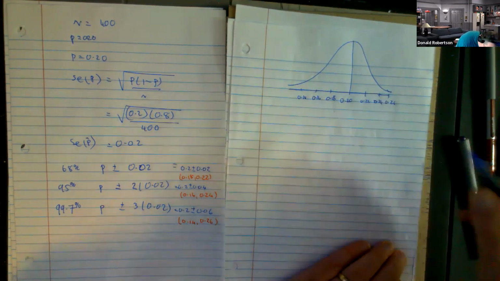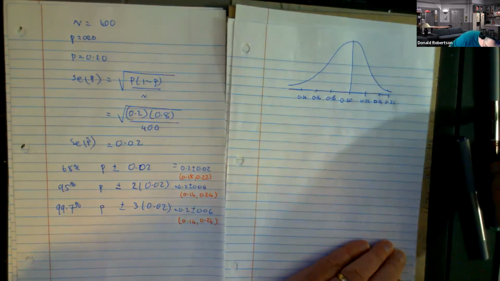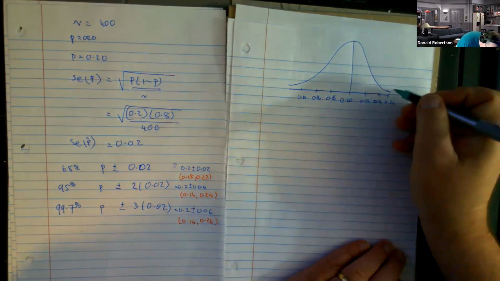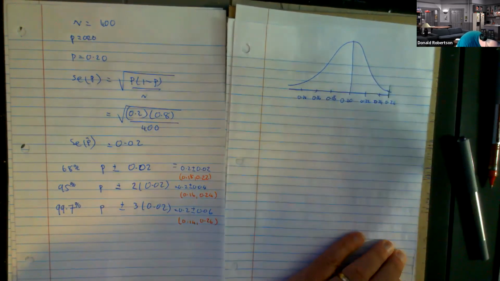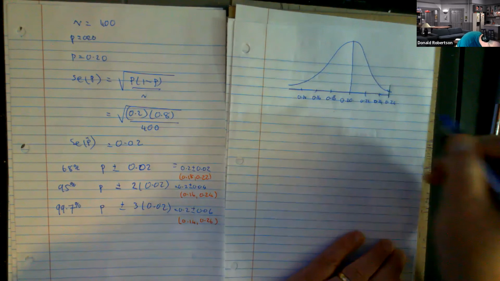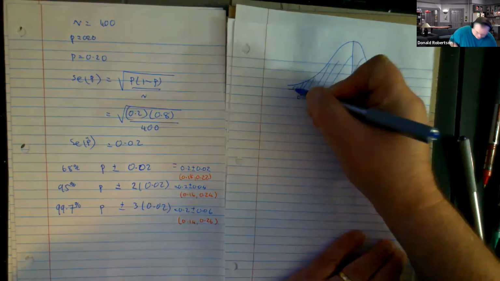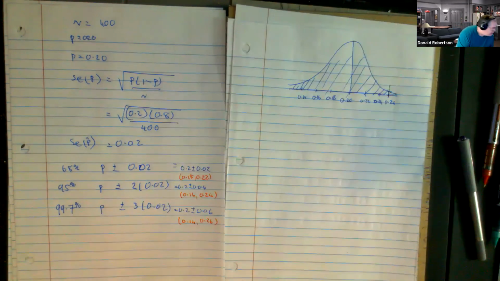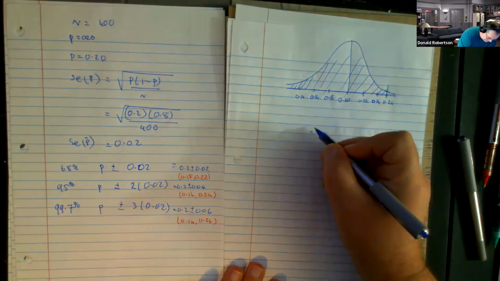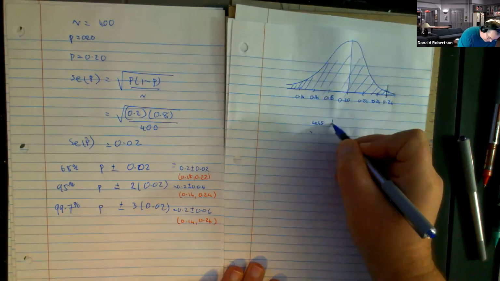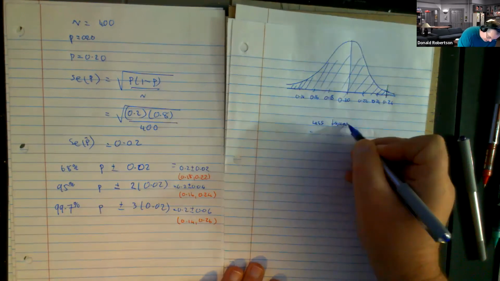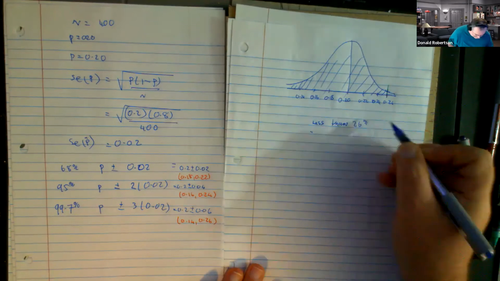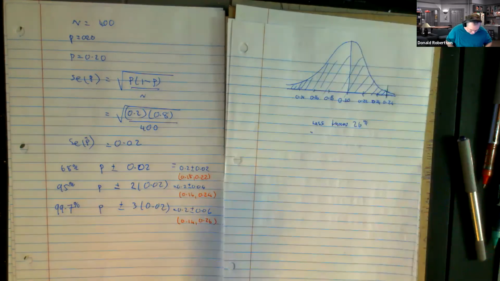And we're being asked less than 26%. Now, we're not doing this with salt, we're doing this using the empirical rule.